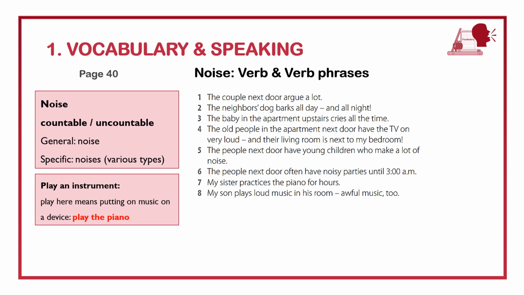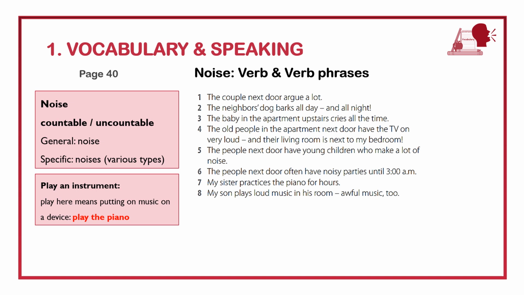Then, for example, in another apartment, the dog is barking. Then the baby is crying in another apartment. And we have different types of noise, various types of noise that we can distinguish. In this case, we use the word noises. I can hear different noises at night in the building.